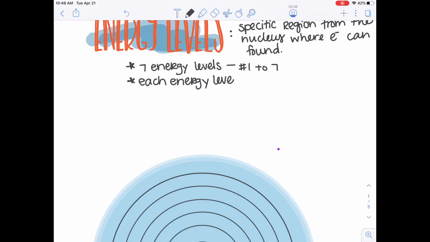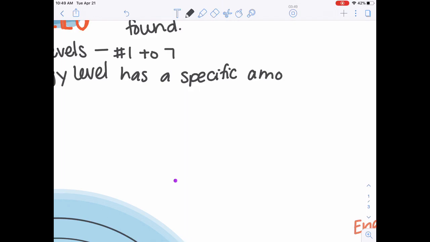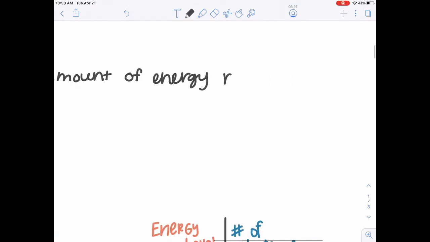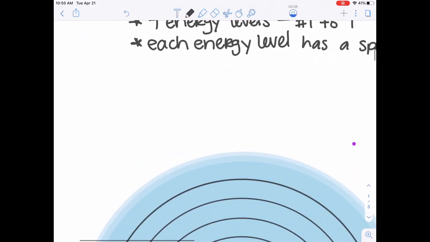Each energy level has a specific amount of energy requirement, I think is the best word for that. Meaning, if you have a lot of energy, then you will move to a higher energy level. If you have less energy, then you will be at a lower energy level.